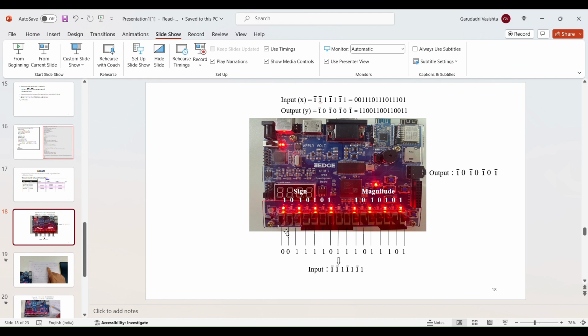We are giving inputs through sliding switches, and there are 16 sliding switches. Since the input is in signed digit representation, we can't give that input directly. So each signed digit is converted to 2-bit binary, and we give those inputs through the sliding switches.